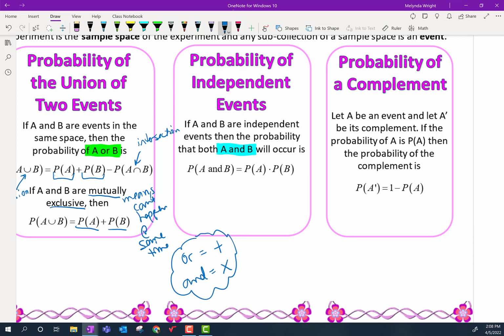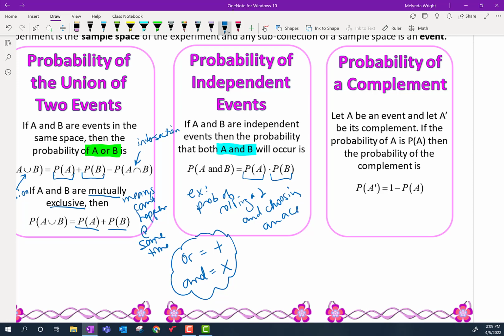So if we want the probability of A and B, we would find the probability of each of those events and multiply them. An example of this would be like the probability of rolling a 2 and choosing an ace. Those are independent events. They don't really have anything to do with each other.